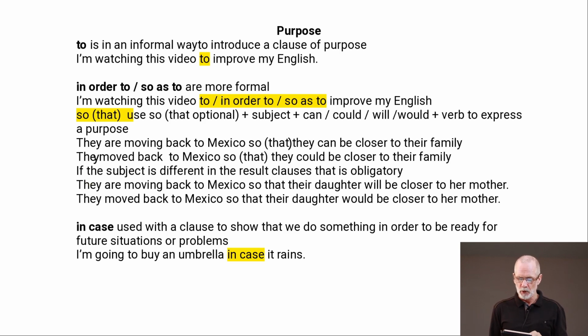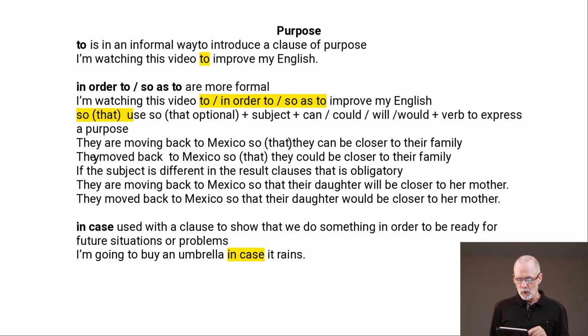They moved back to Mexico so they could be closer to their family. So in that type, the word "that" is optional. But if the subject is different in the two clauses, "that" then becomes obligatory. Examples. They are moving back to Mexico so that their daughter will be closer to her mother.